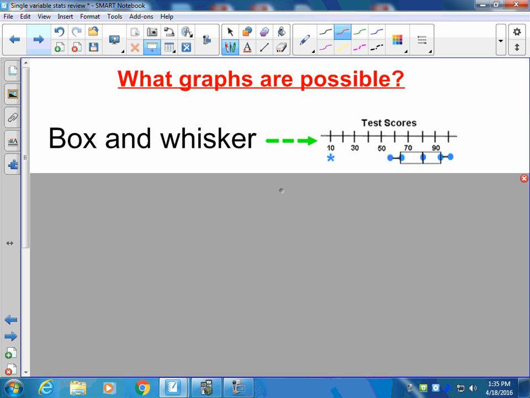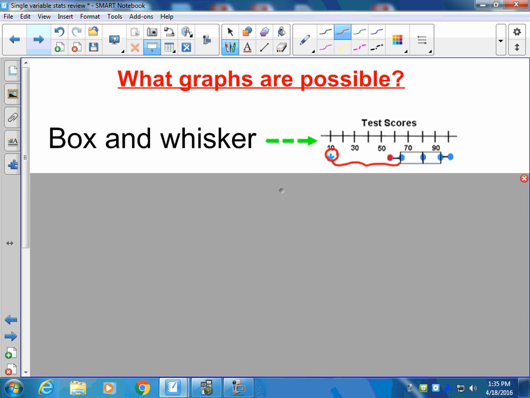This low value is the minimum, so that is your full first whisker. We leave a value by itself to show that it's an outlier in the graph. And this value here is the last actual data value that is a part of the set, so that's where the whisker stops, and then we show outliers from there.